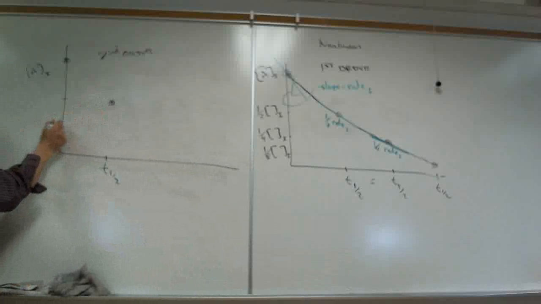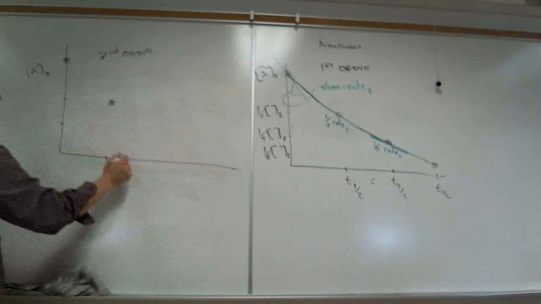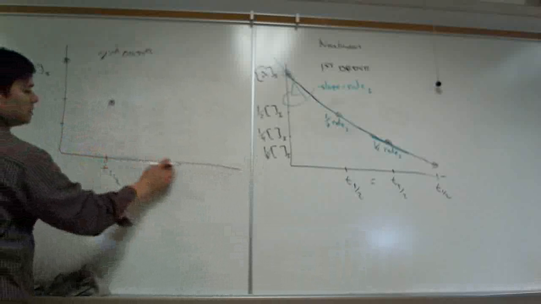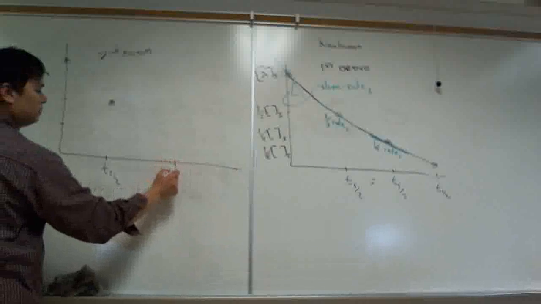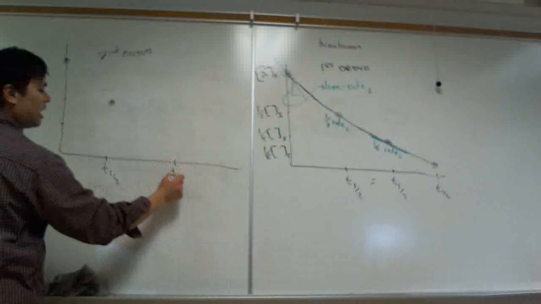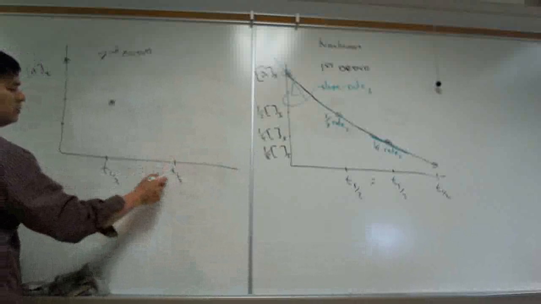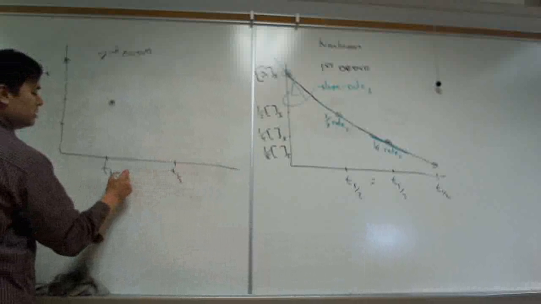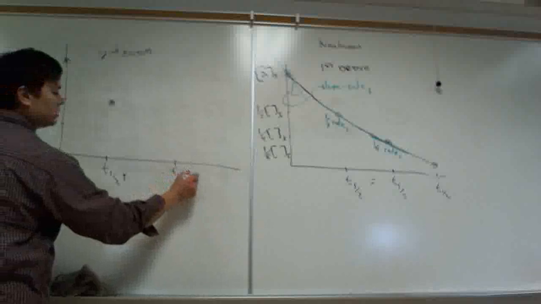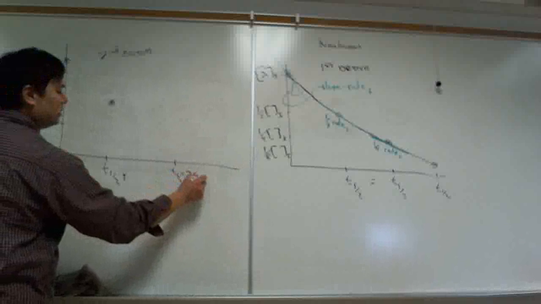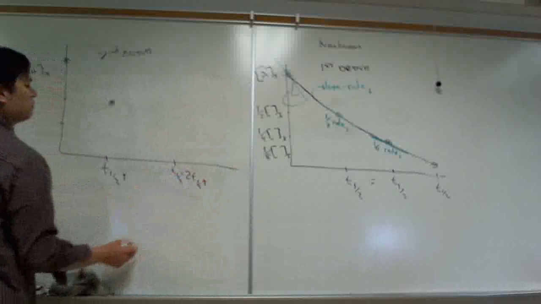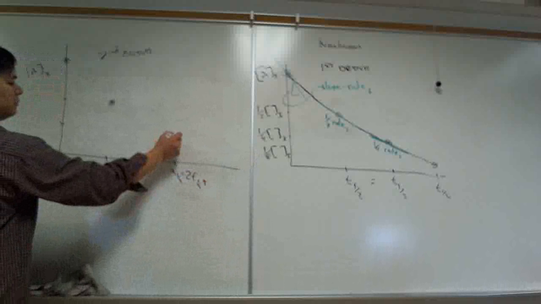If we consume half of this, we're down to 1/4, but the time interval will double. So this would be T1/2 for the second period, which is twice T1/2 initial. It goes out here.